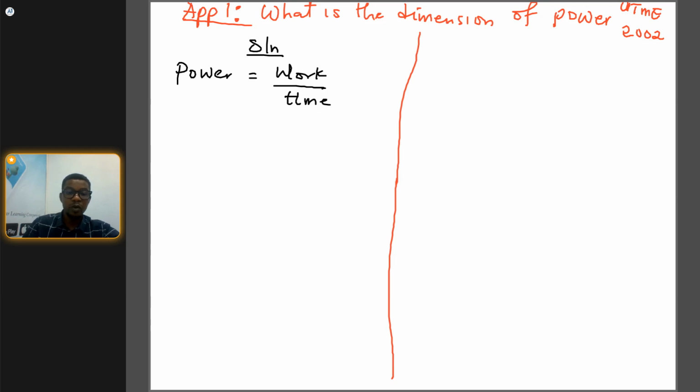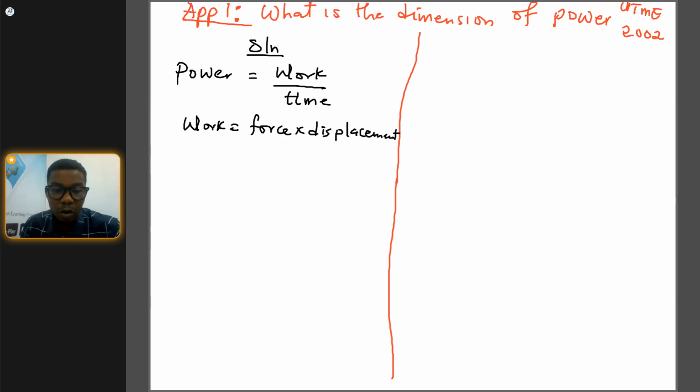We can also say that work is equal to force multiplied by distance. Some textbooks will say displacement, so let me use displacement, which also represents the distance. So work is equal to force times displacement.